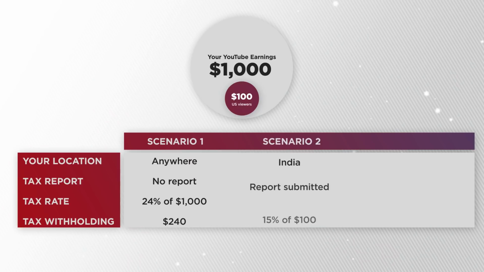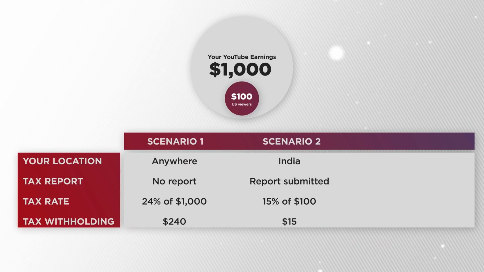In scenario number 2, let's say you are a creator in India and you do go in and update your tax information. And because the US and India have a tax treaty relationship that reduces the tax rate to 15% of earnings from viewers in the US, your final tax deduction is only $15 from that $100 generated by US viewers.